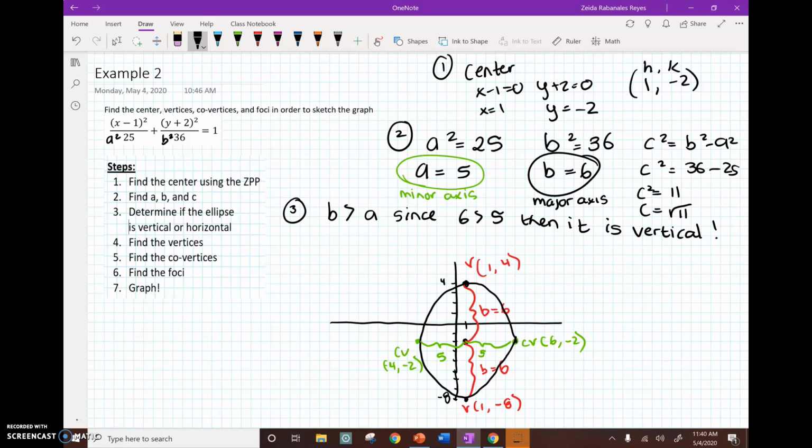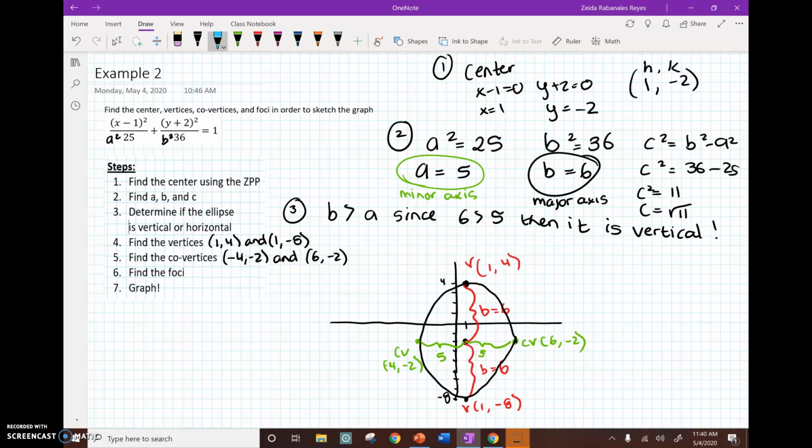You have that the vertices were at 1, 4 and 1, -8. And you have your co-vertices at -4, -2 and 6, -2. All I need now is the foci point.